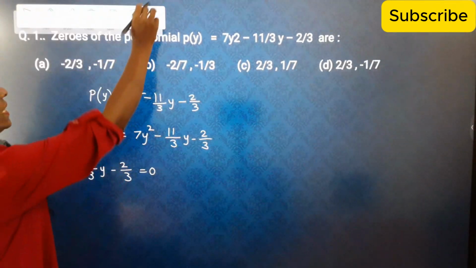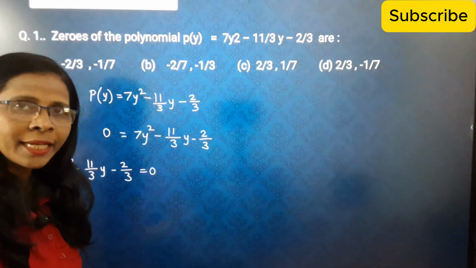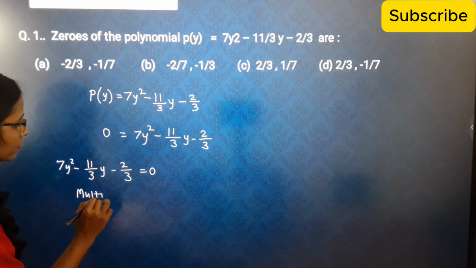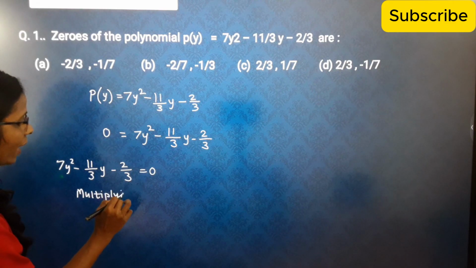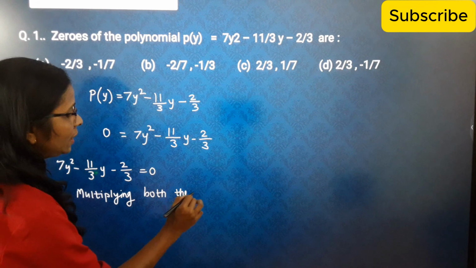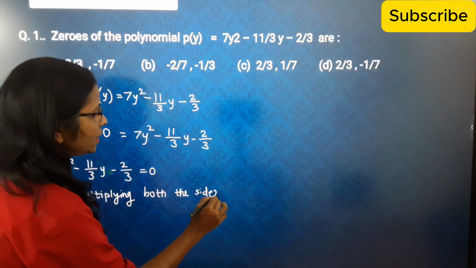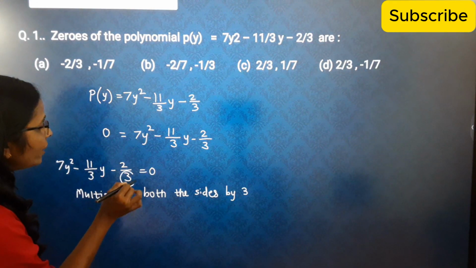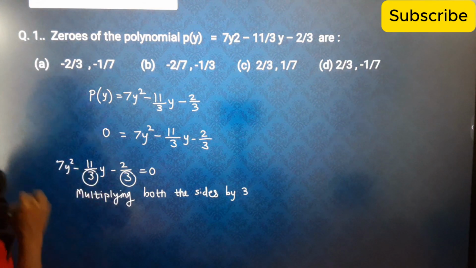So now we simplify this quadratic equation by multiplying both sides by 3, because the denominator there is 3.